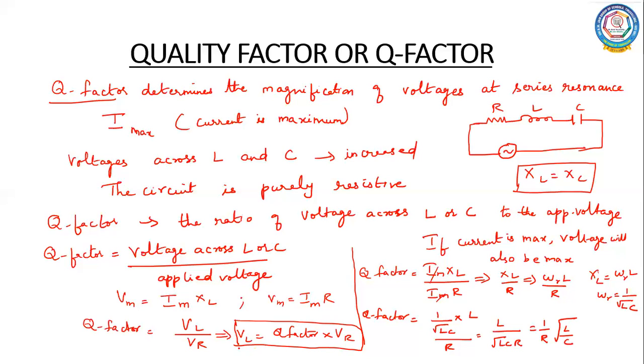The Q factor indicates the number of times the voltage, now this voltage will be either voltage across L or voltage across C, the number of times it is greater than the applied voltage. So definitely when compared to this combination, this value will be greater than this. So Q factor determines the magnification of voltages at series resonance.